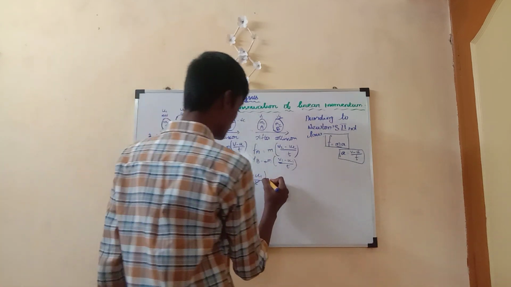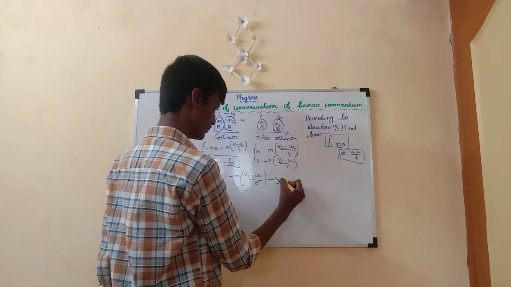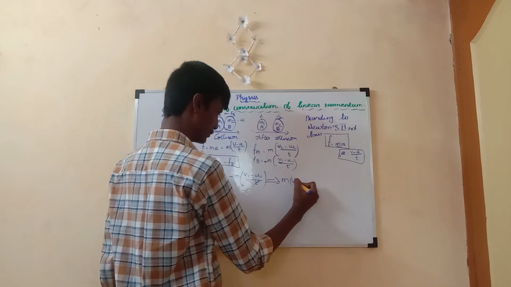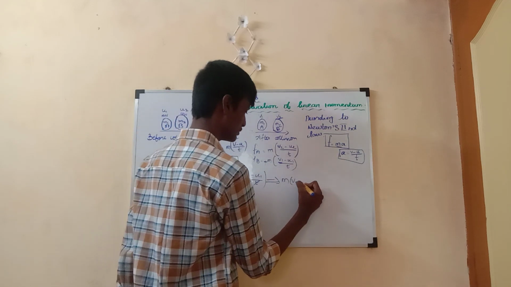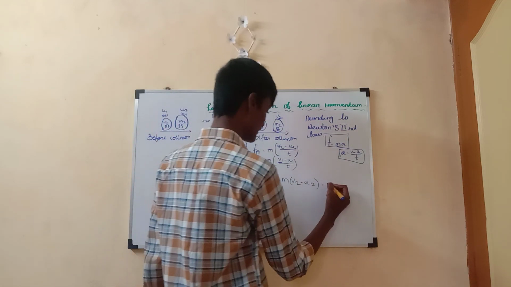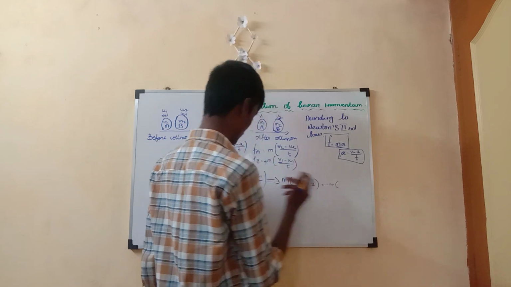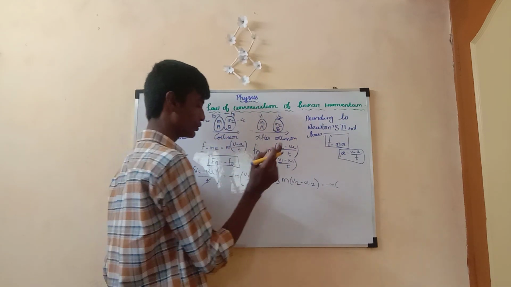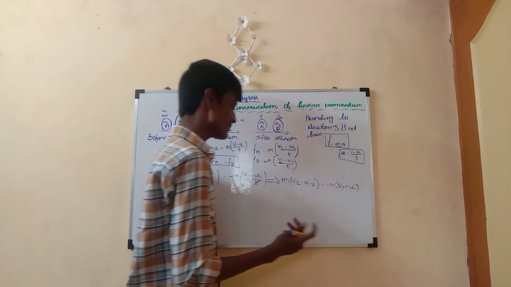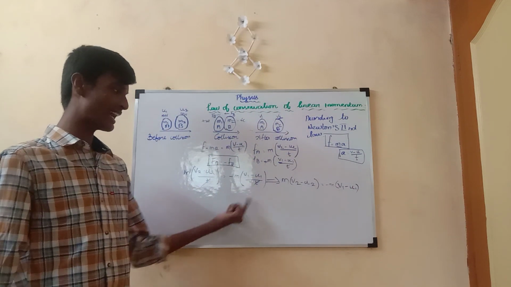Then what will come? m into (v2 minus u2) is equal to minus m into (v1 minus u1), because the division by t is cancelled.